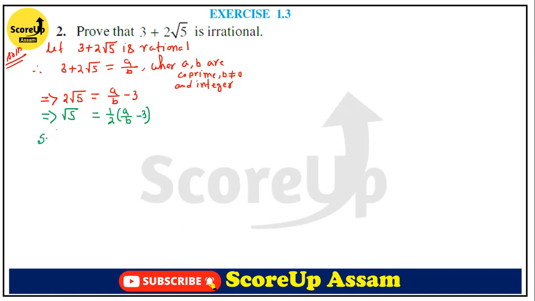Since 1, 2, a comma b, 1, 2, 3, and a b.